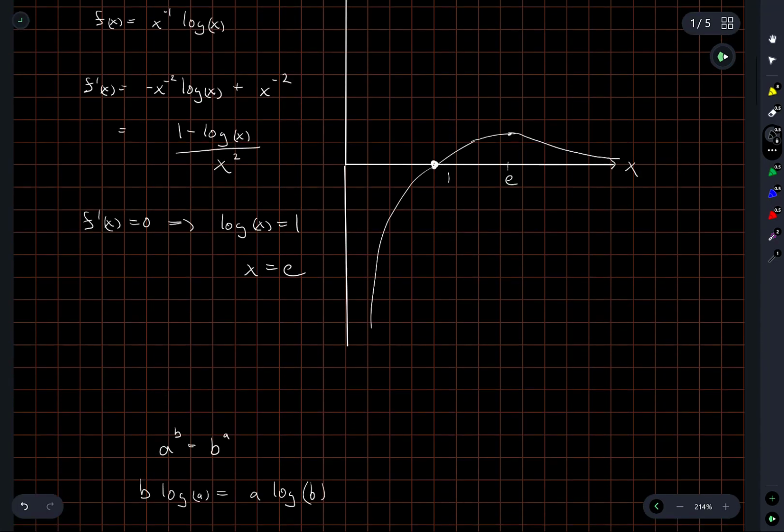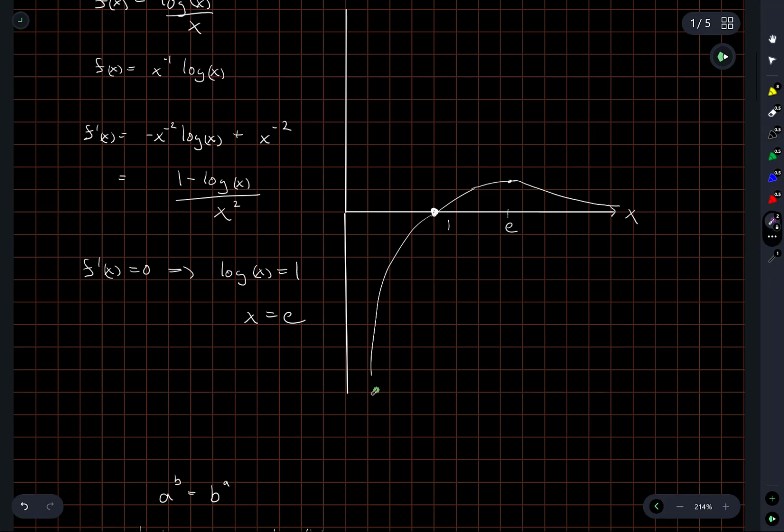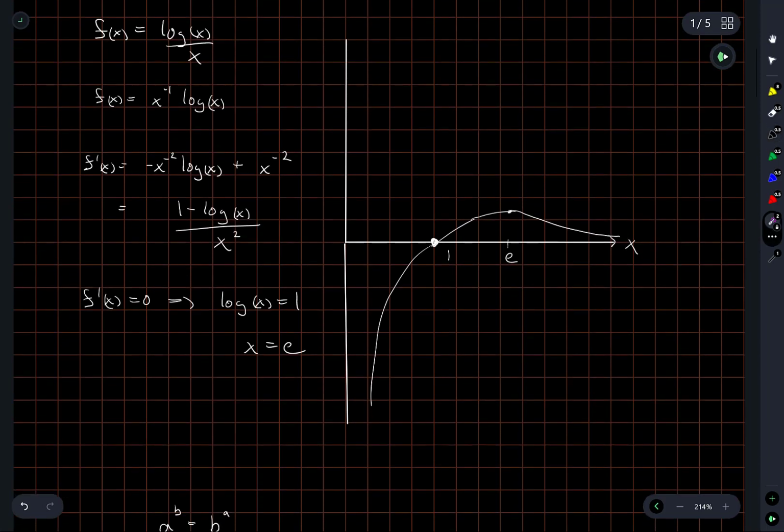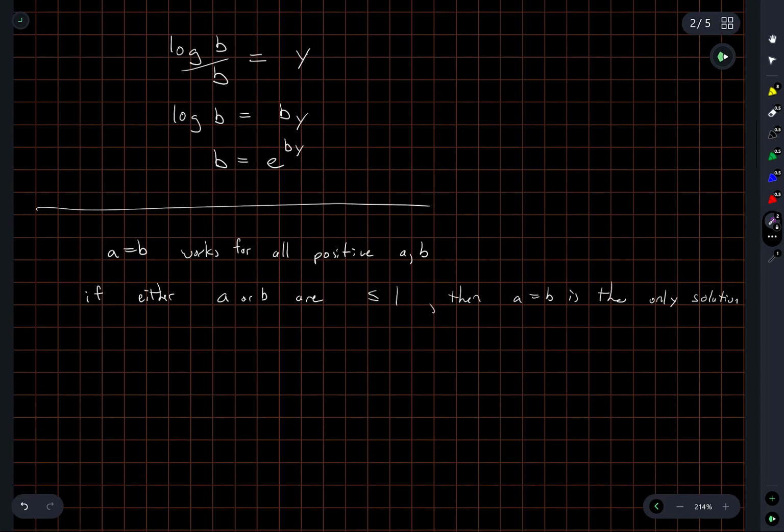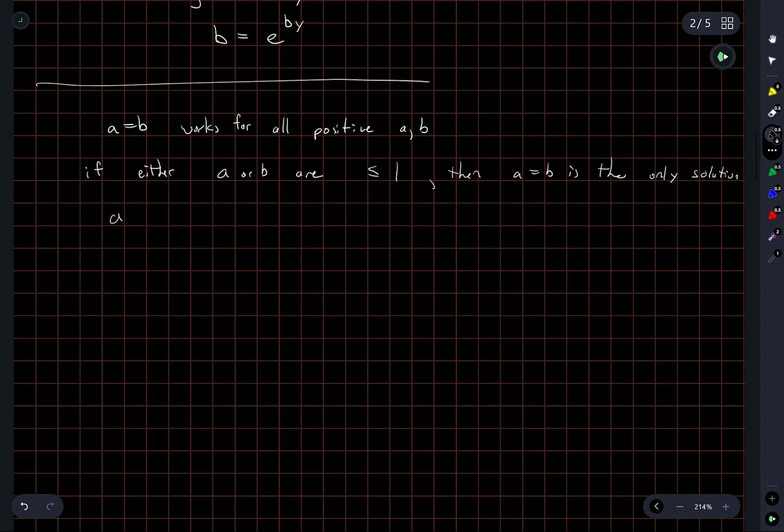That comes from just looking at the plot of log x over x. If I choose a to be this point here, then that's going to be the only value of b which makes these two things equal. a equals e implies b is equal to e. And for a strictly between 1 and e, there exists a unique b greater than e such that a to the b is equal to b to the a.